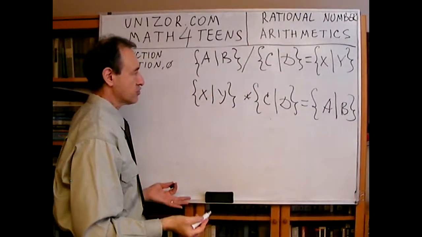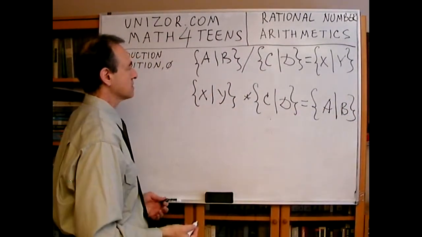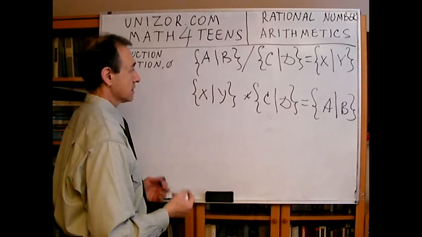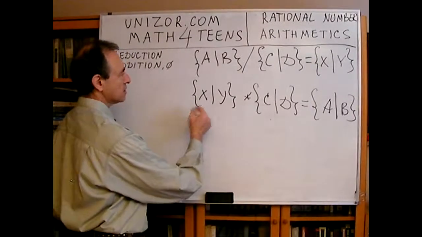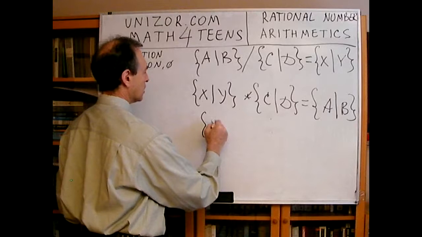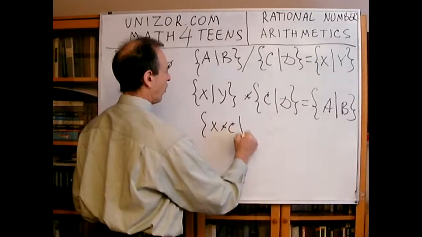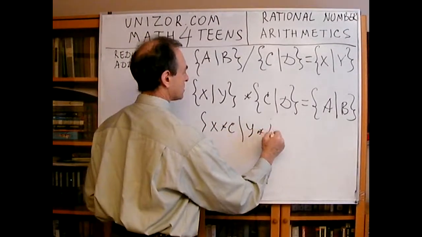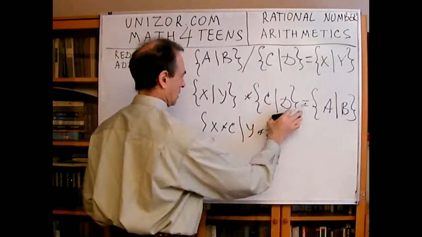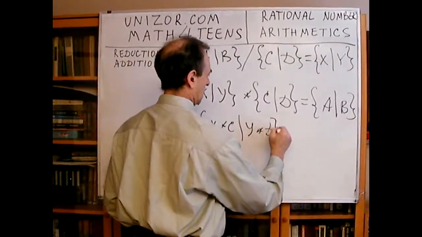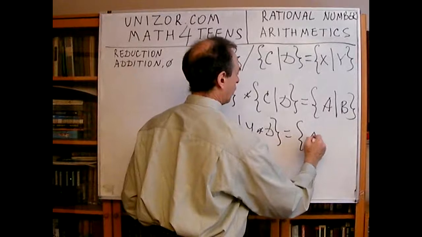That's what divide actually means, right? So we have to define it in such a way that this is a correct equation, which means now, according to the multiplication, it's x times c over y times d should be equal to a over b.